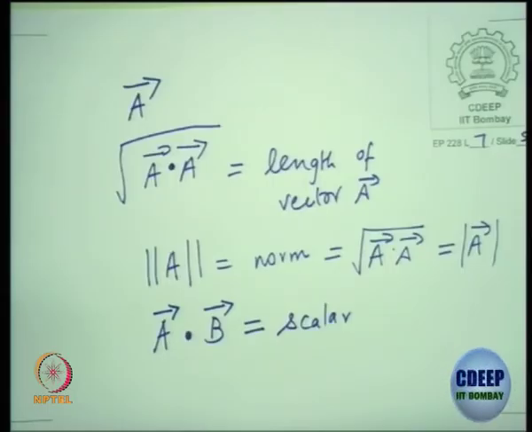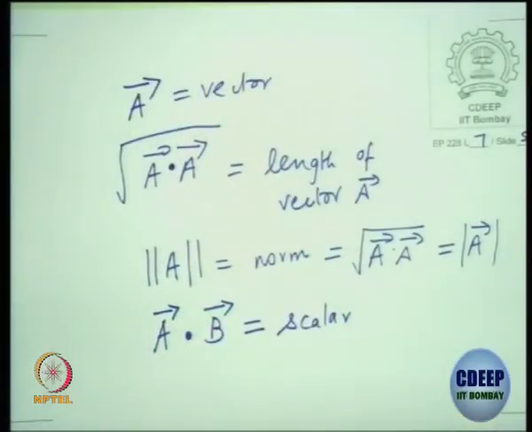What is a scalar? A scalar is one where, if you rotate your vector A and rotate your vector B by the same angle, then the dot product will remain the same, because the angle between those two will remain the same.